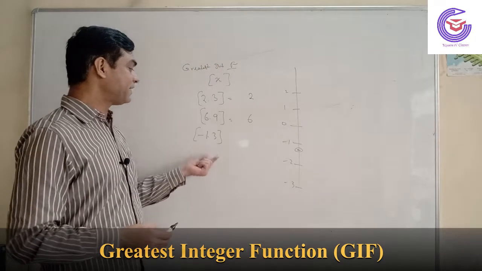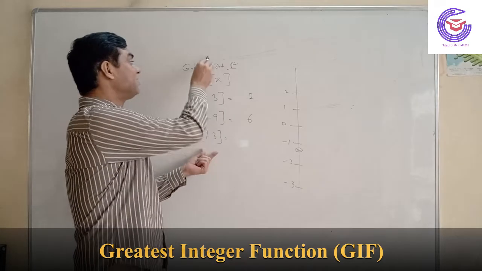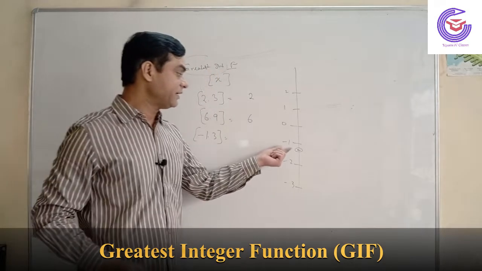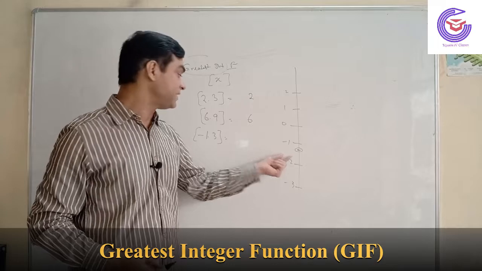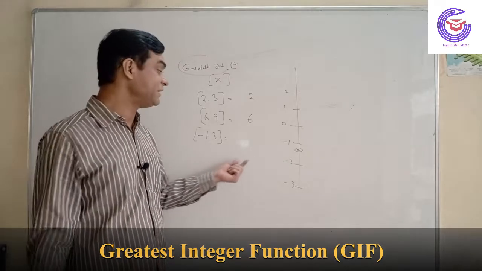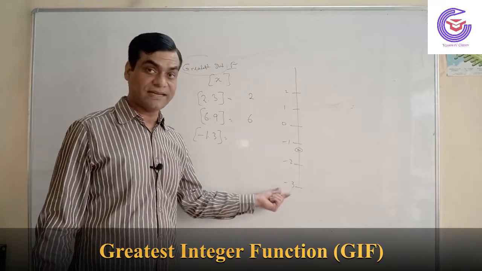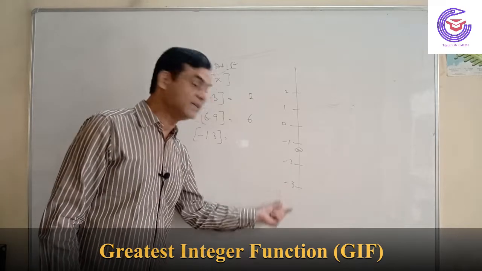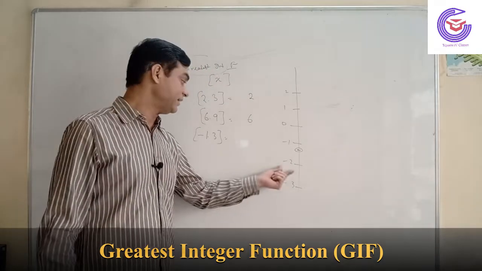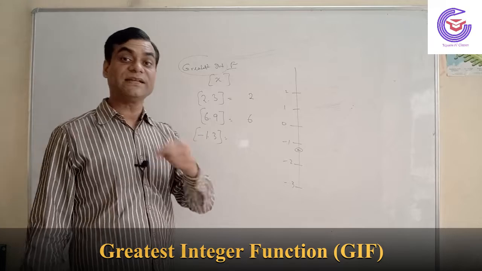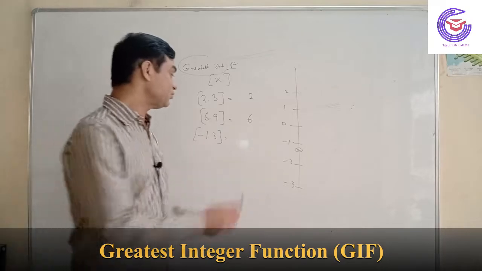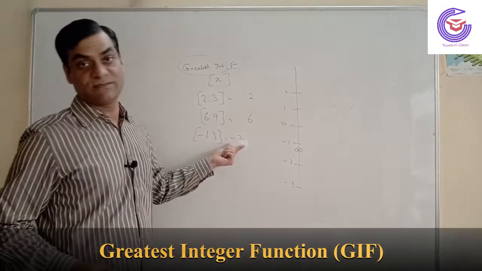Why is it called the greatest integer? Because all the integers which are less than this point, which are those integers? Minus 2, minus 3, minus 4, all these integers are less than this number. And which one is the greatest one? Minus 2 is the greatest one. So here the value is minus 2.